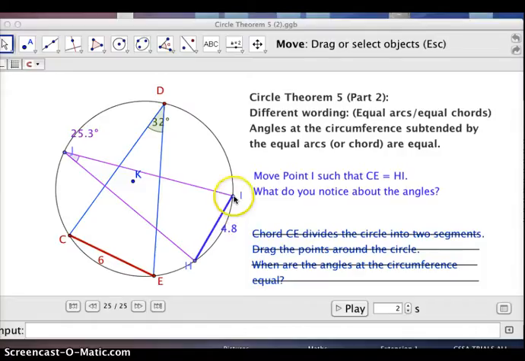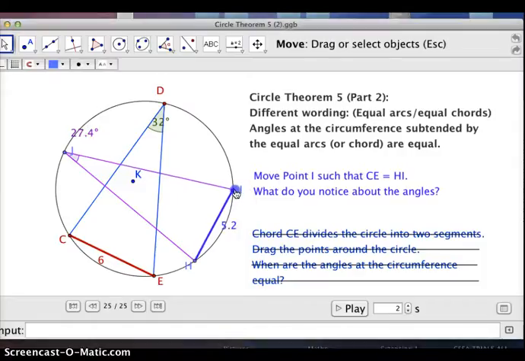Now, if I draw another chord in that circle that also has a length of 6, you'll see that the angle, I've got to get it exactly right. Anyway, that's close enough. Okay, so I've made chord HI also a length of 6.